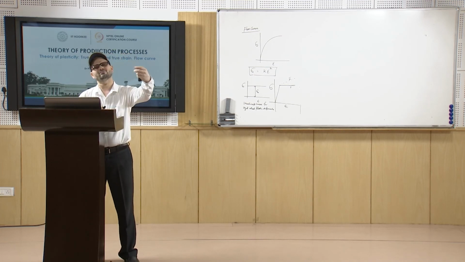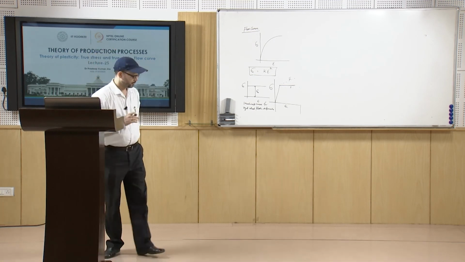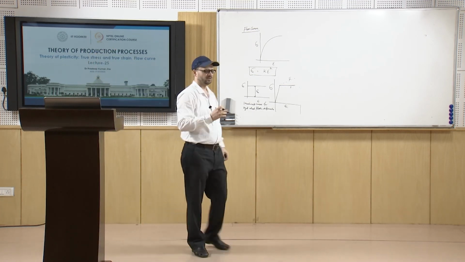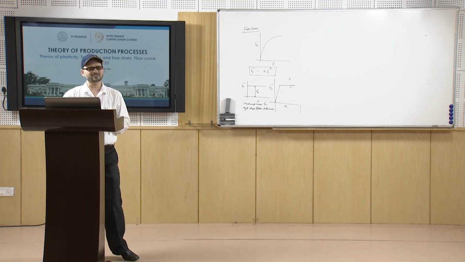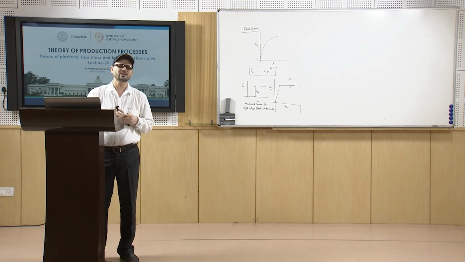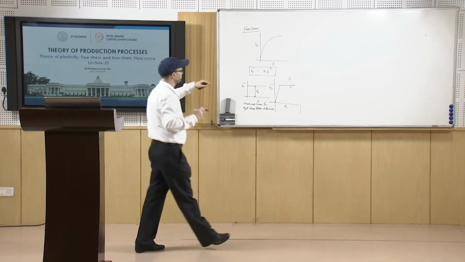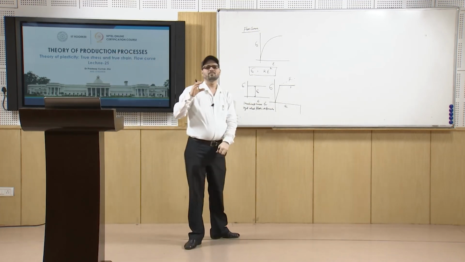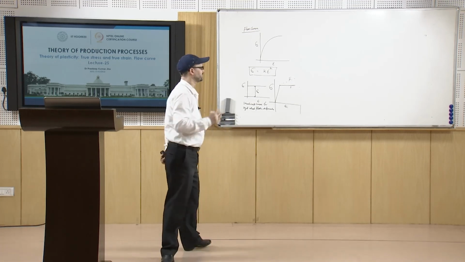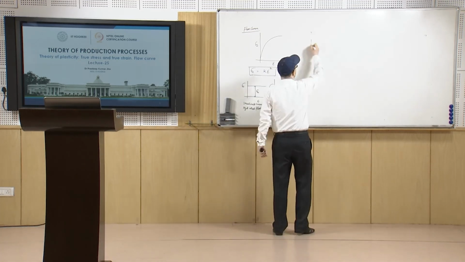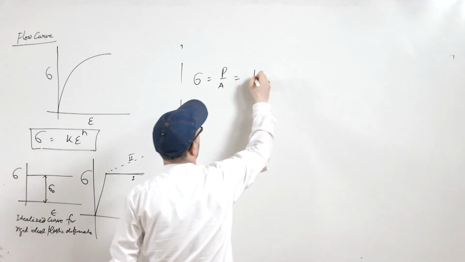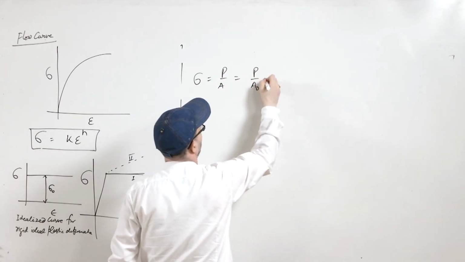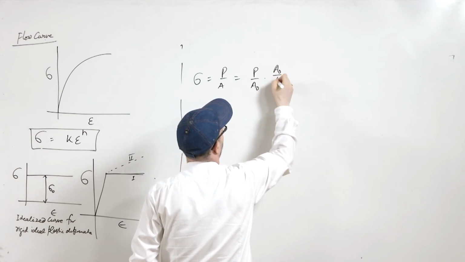So, P by A is the true stress, with the instantaneous area. Suppose you have the original cross sectional area A naught. Now sigma will be P by A, so you can write it as P by A naught and then A naught by A.